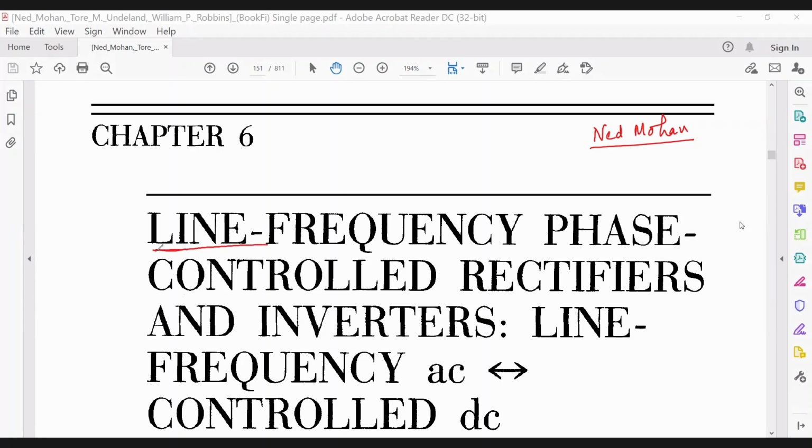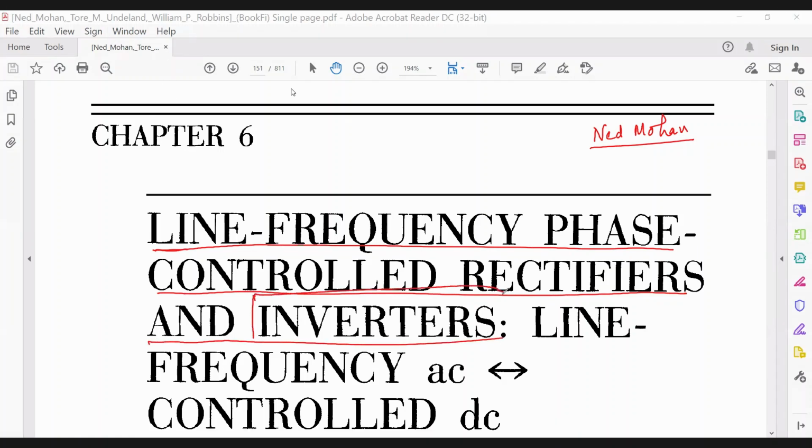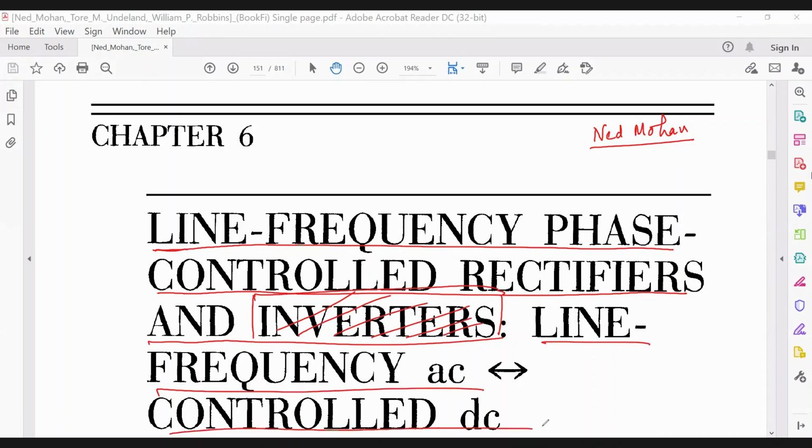So this is the line frequency phase control rectifier. Also, it is mentioned that inverter. So line frequency AC to controlled DC. Now your output voltage you can control in some way. I shall introduce these things to you.